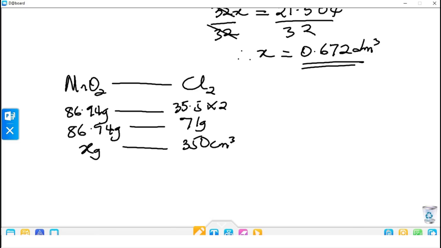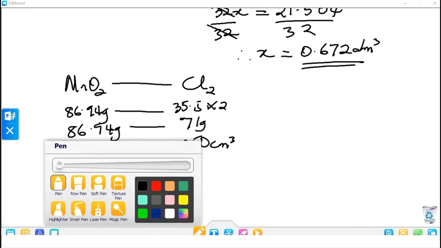Now, how do we go about solving that question? Looking at chlorine, we have just solved 71 grams of chlorine. That is to say, 86.94 grams of MnO2 produces 71 grams of chlorine. But the question actually wants us to find the mass of MnO2 that will produce 350 cm³ of chlorine.